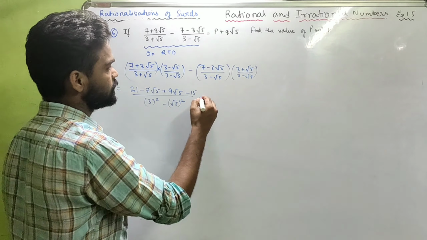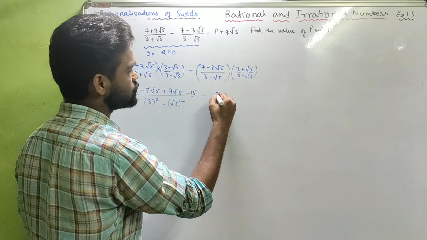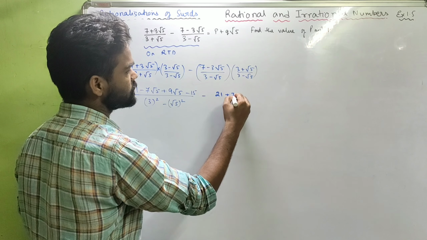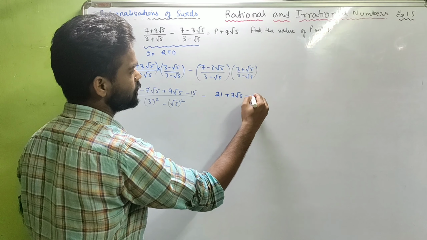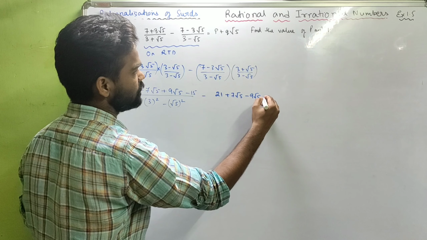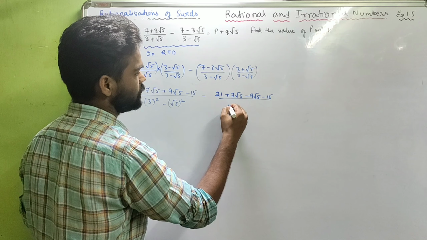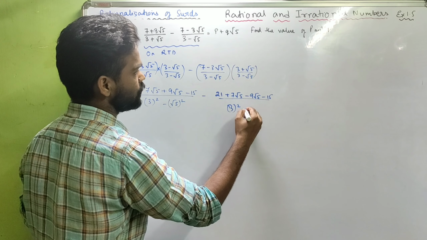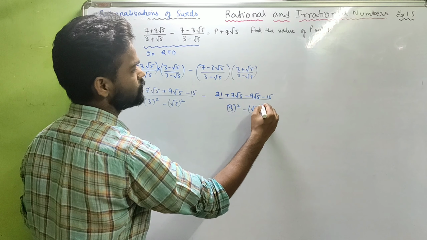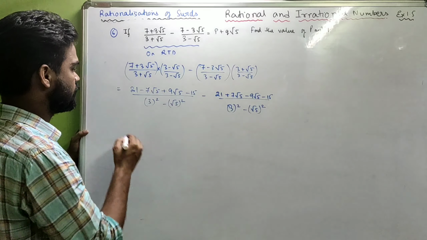Am I correct? Similarly over here, this is 21 plus 7 root 5 minus 9 root 5 minus 15 by 3 whole square minus root 5 square. Am I clear? Now solve it.